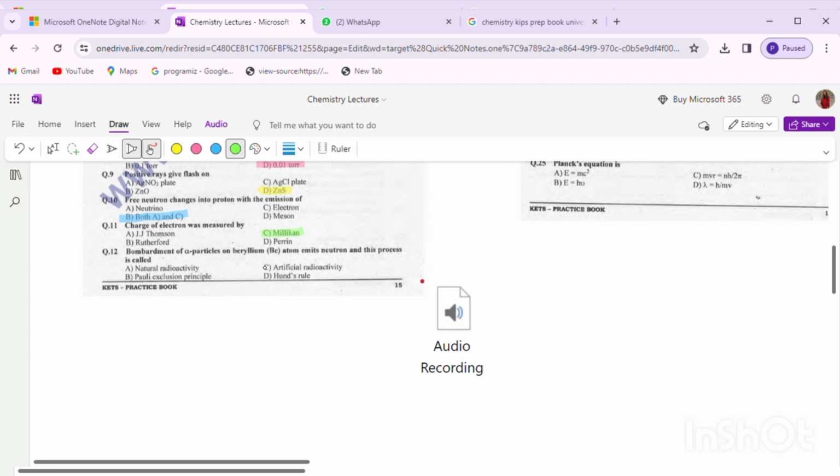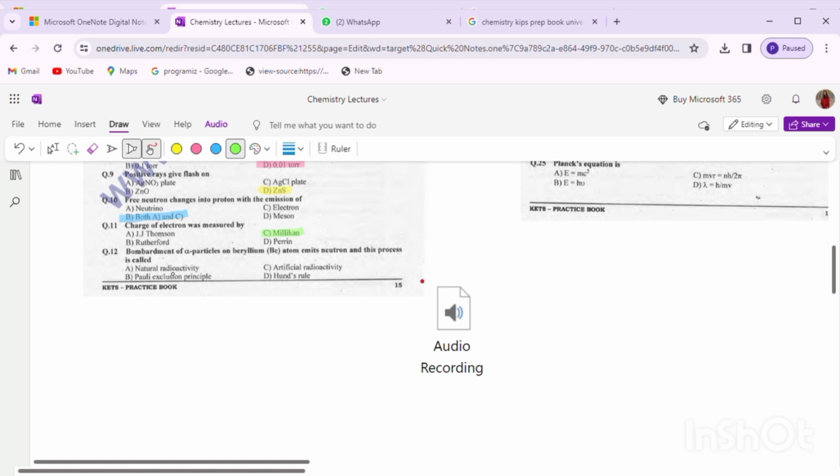Bombardment of alpha particle on beryllium atom emits neutron, and this process is called, this is basically not natural radioactivity, because natural radioactivity is when action is happening by itself, right? This is artificial radioactivity, since we are making alpha particle bombard on the beryllium.